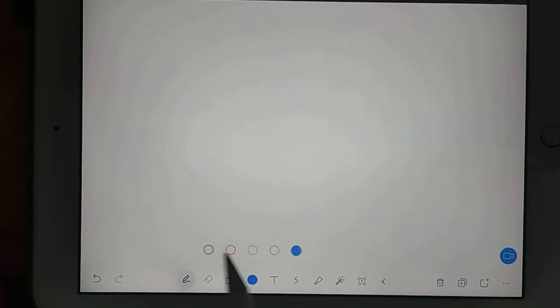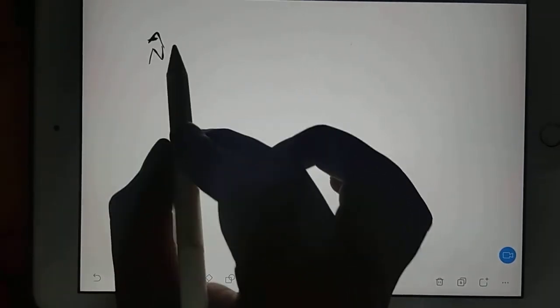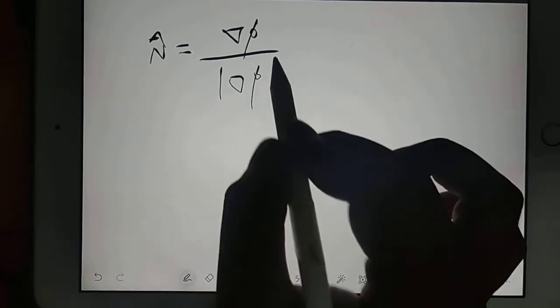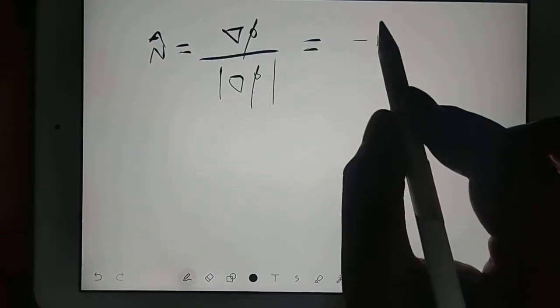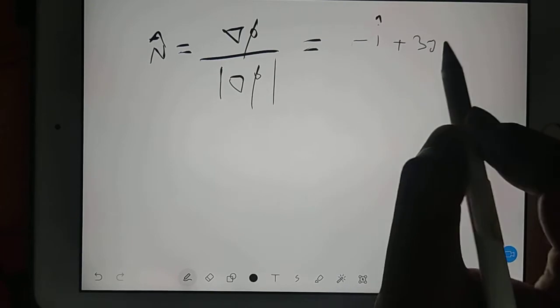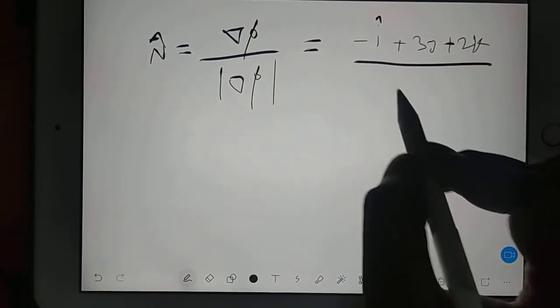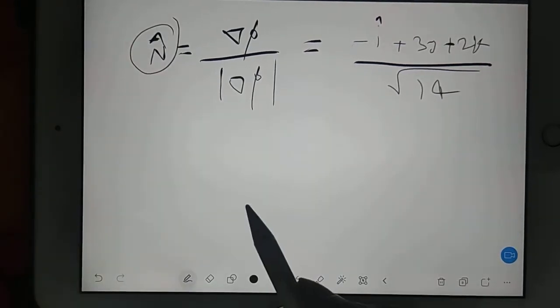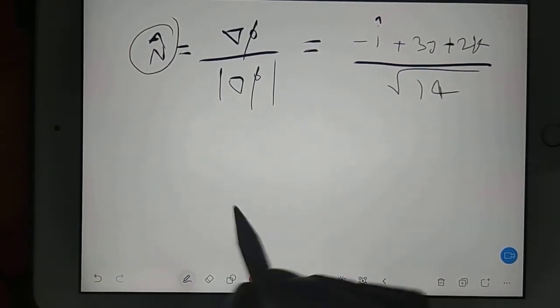I'll change the page. You find out n cap. So this n cap is nothing but grad phi divided by the magnitude of grad phi. So this is nothing but minus i plus 3j plus 2k divided by under root 14. This will be your n cap value. So here you understand one thing.